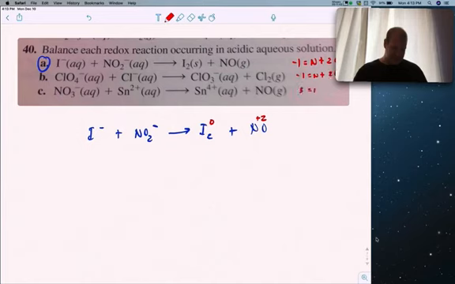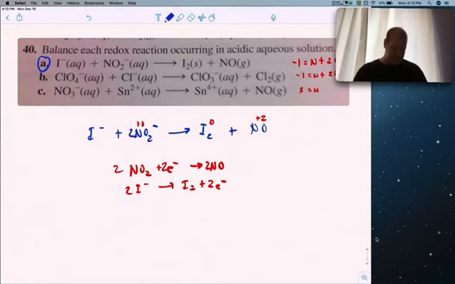So 3 is nitrogen, so this is plus 3. So this means that NO2 minus plus electron makes NO, and we have 2I minus goes to I2 plus 2 electrons. So we need to multiply the top one by 2.